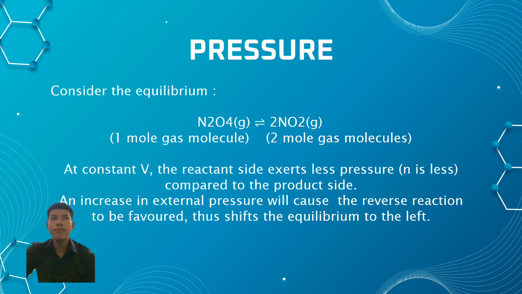At constant V, the reactant side exerts less pressure compared to the product side. An increase in external pressure will cause the reverse reaction to be favored, thus shifting the equilibrium to the left.